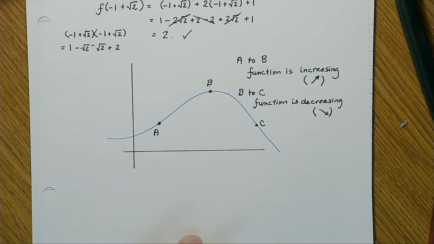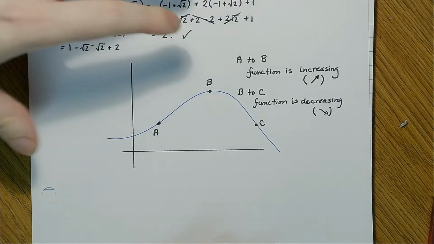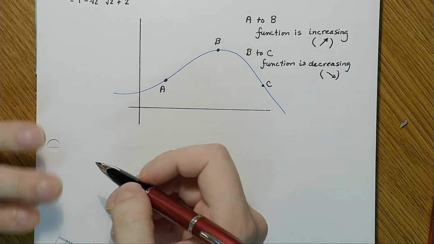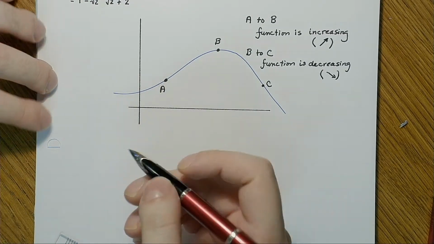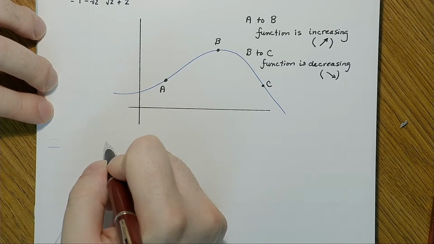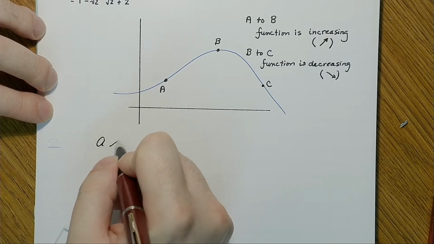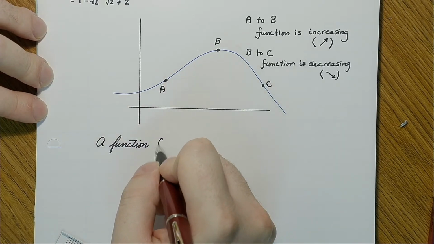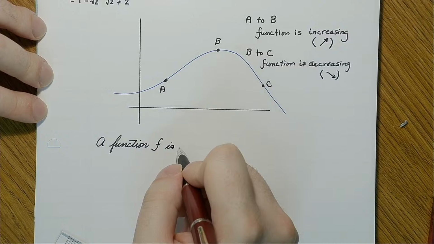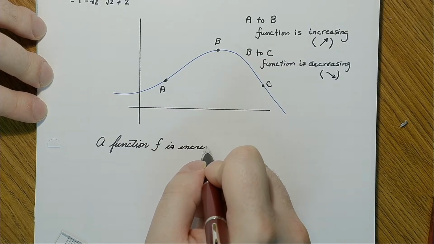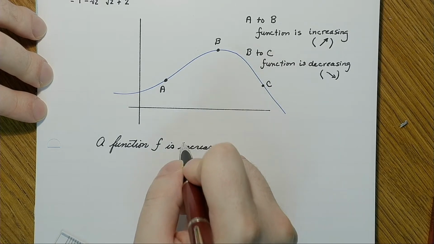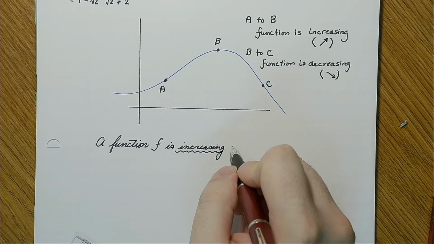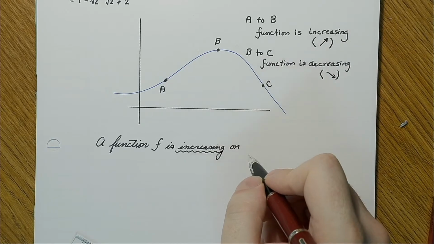Okay, so that's what it looks like visually. We'll need a mathematical way of writing it. So what we'll say is that we'll have a function f is increasing, and we'll say it has to be increasing on an interval.